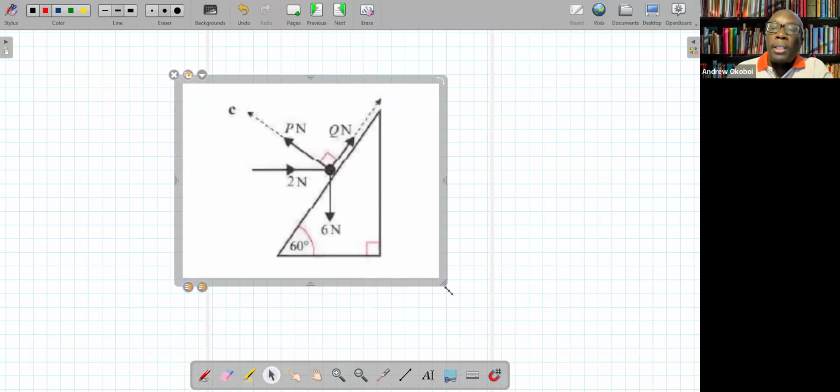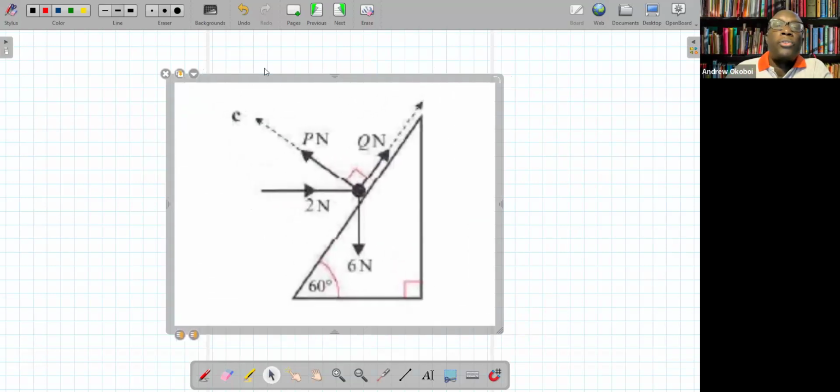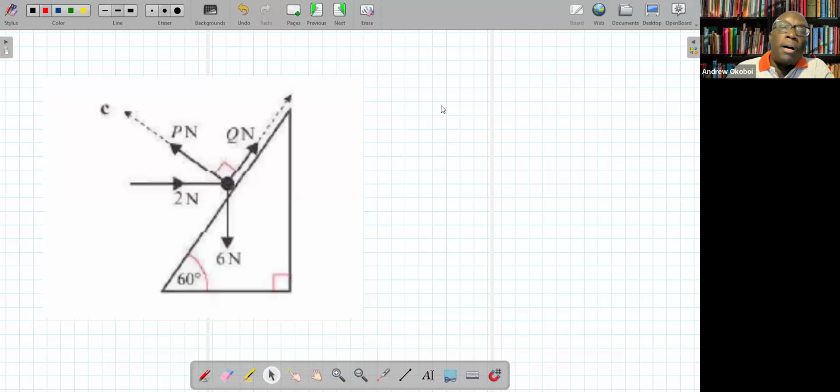Okay, before we begin, this is going to test your geometry. What is this angle here? Do you know what that angle is here? Does anyone know what that angle is?